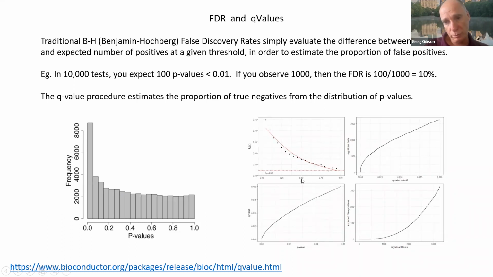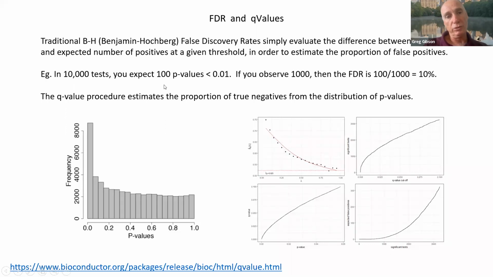This lambda is just your estimate of what the true null percentage is. But if you do this and you adjust your false discovery rate criterion to the expected number of nulls, then you can actually include more genes. So it is statistically conservative, but it also allows you to include more genes in your analysis, okay?